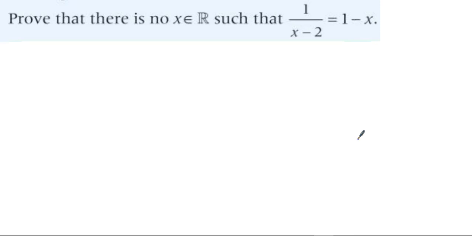Prove that there is no real number x such that it holds this equation. Okay, let's assume that there is such a number. Which number? I don't know. Let it be b. Assume there is such a number which satisfies this equation. If there is, let's see what it is.